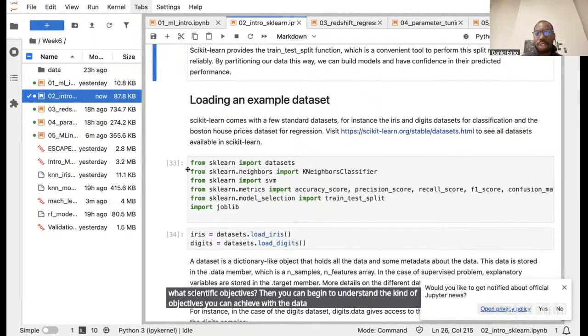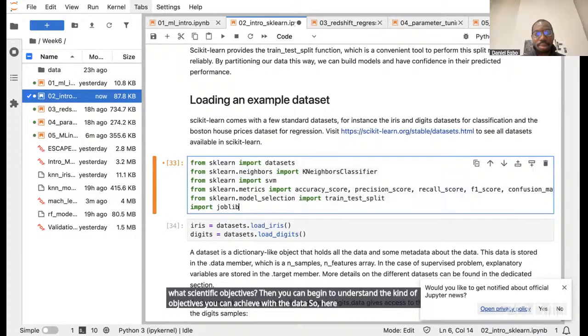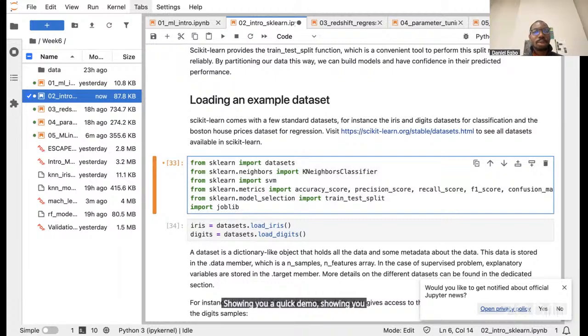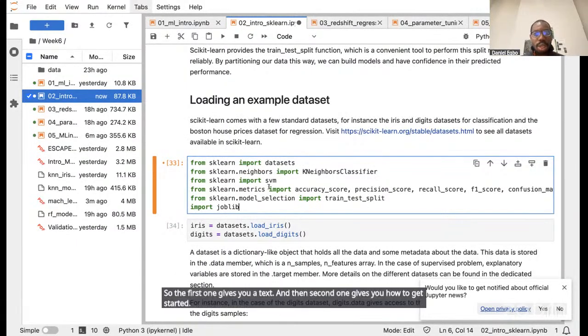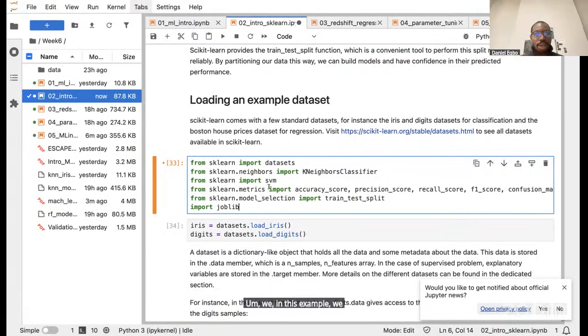So here is a quick demo showing you how to get started with machine learning. The first one gives you a text, and then the second one gives you how to get started. In this example, we are using a toy data set. Now, this toy data set typically just does one thing.